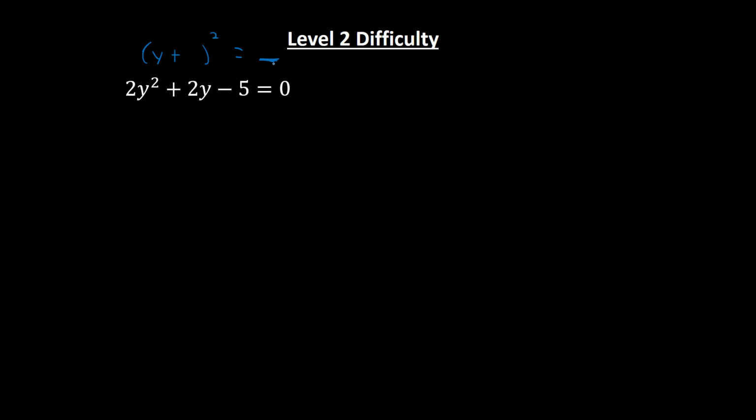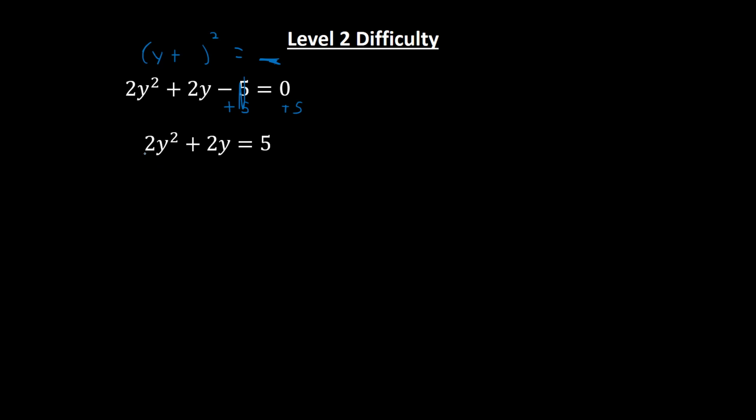Okay, so let's start by putting the number, or the constant term, on the right side. And then we'll worry about the 2 in the front. So we can add 5 to both sides, where now we have 2y squared plus 2y equals 5. And now we can deal with this 2 in the front of the y squared term. We need to get rid of that 2 in order to do completing the square.